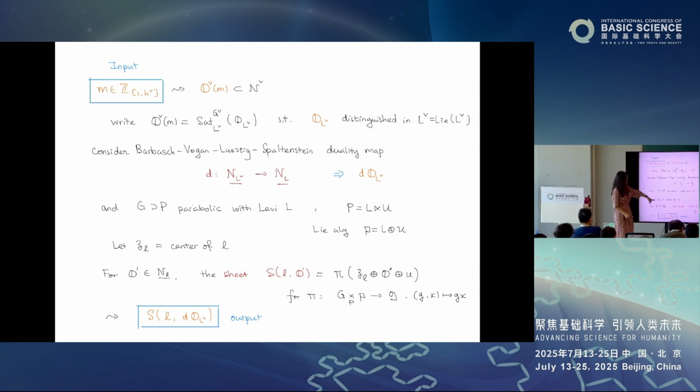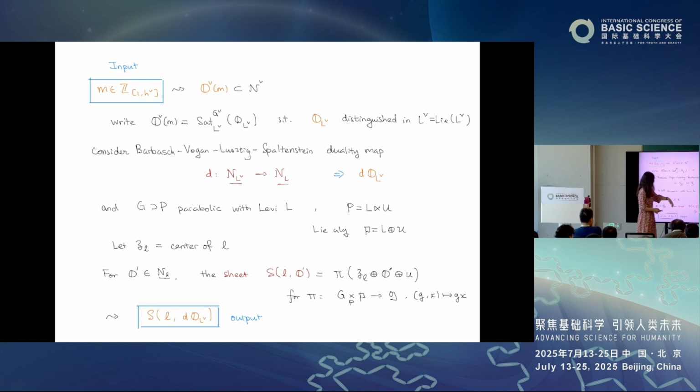I denote by Z_L the center of L. Then the sheet associated to L and the nilpotent orbit in L is given as follows. You consider this map from G acting on the Lie algebra of P, and you take the diagonal quotient by the group, and it maps to the Lie algebra just by action.